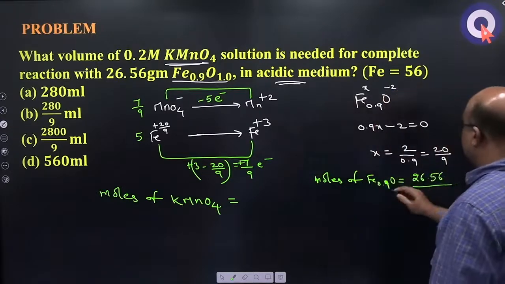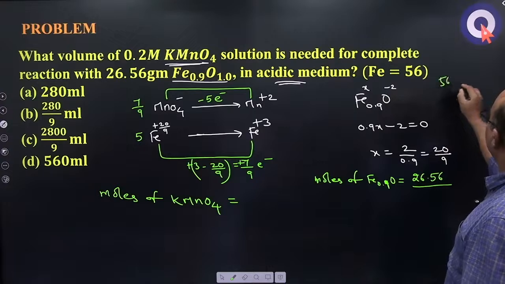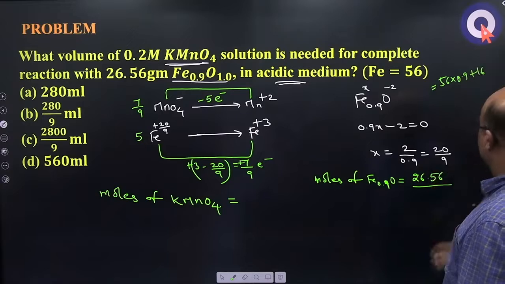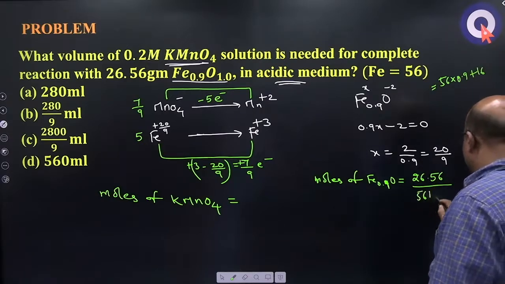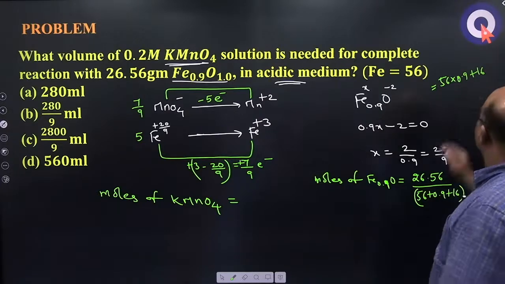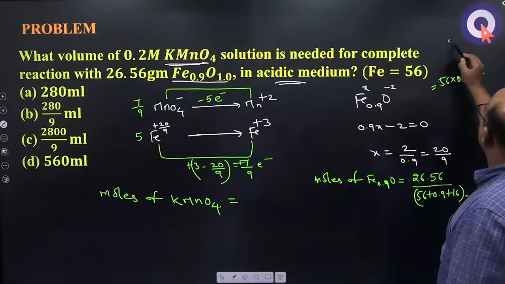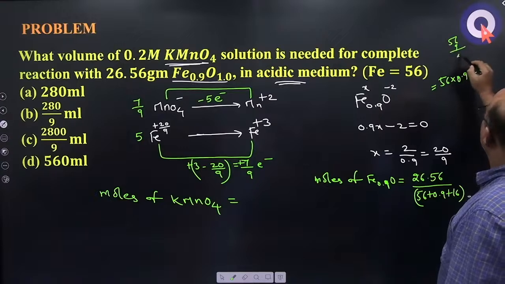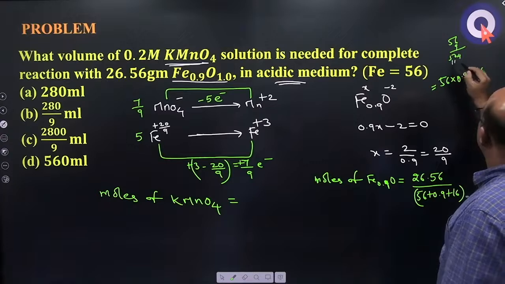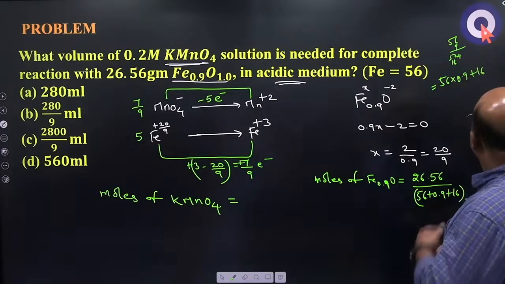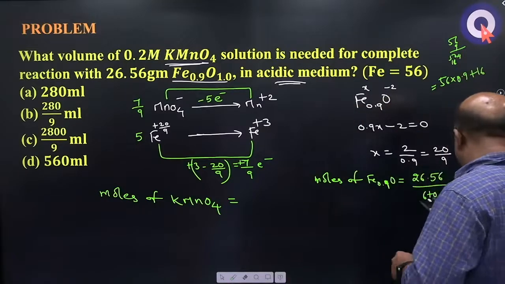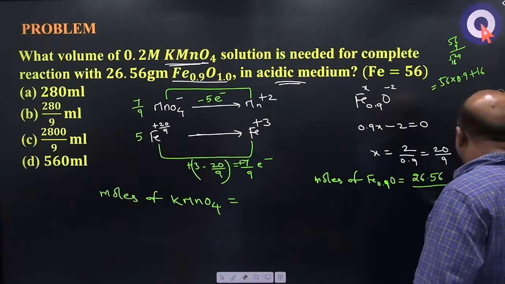The mass is 56 into 0.9 plus 16. So 56 times 0.9 is 50.4, plus 16, so 66.4.